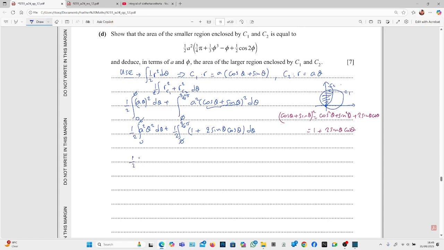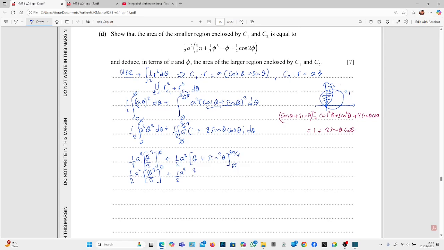So we have half a squared, so that's going to become theta cubed divided by 3. And applying the limits here, we have 0 going to all of that, plus half a squared, for the upper limit and lower limit here, we have phi cubed over 3 minus 0, plus half a squared over here.